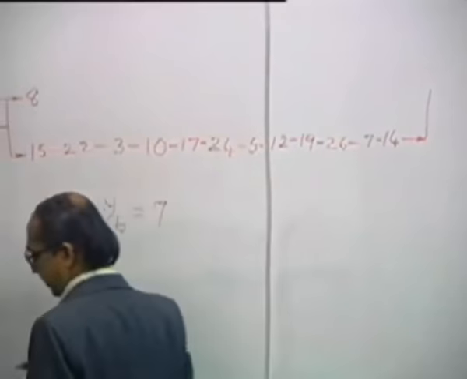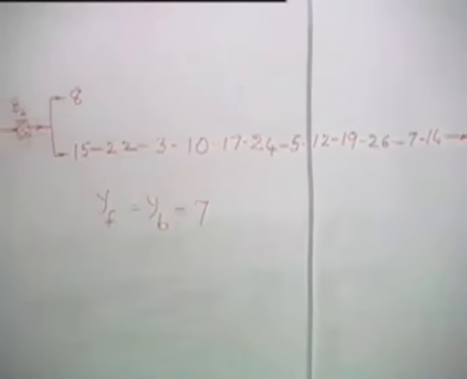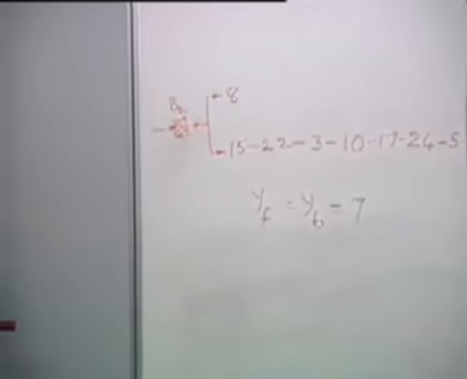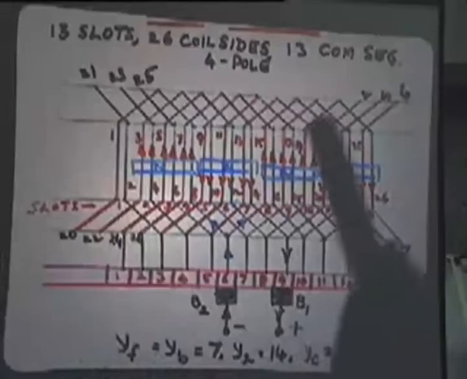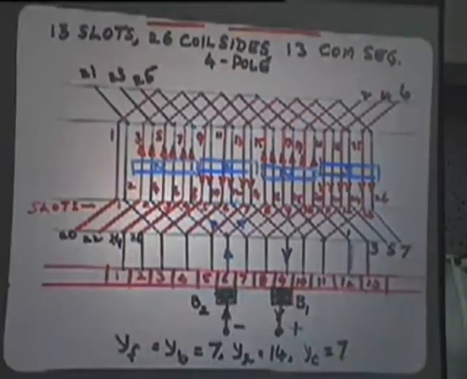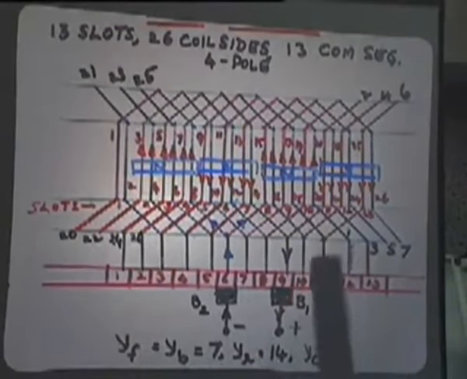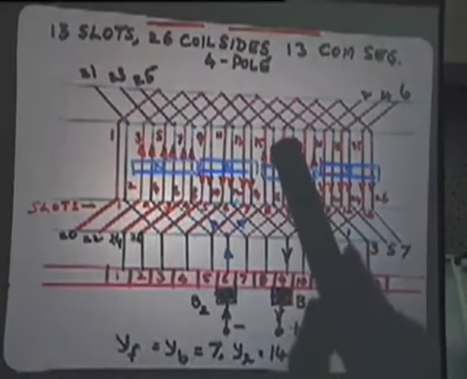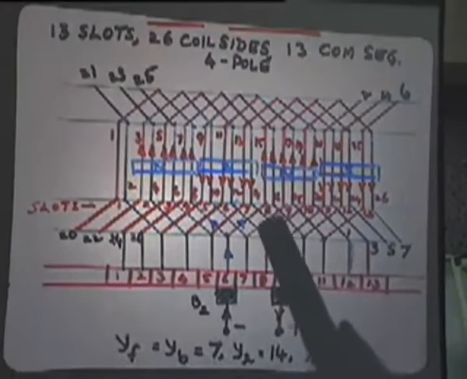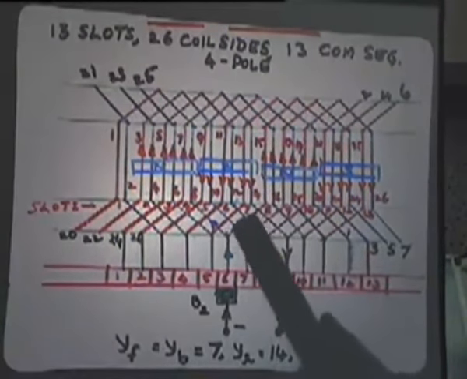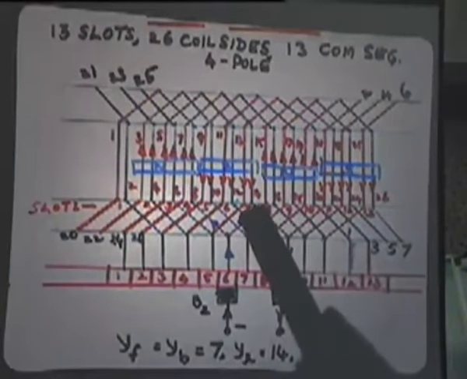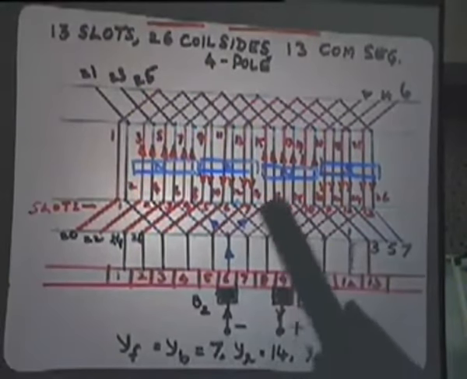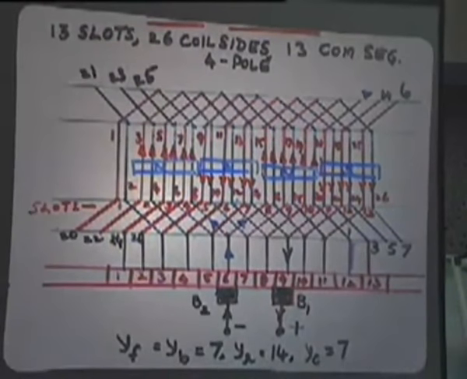So one side starts from 15, and as we have just now seen, it returns through 14 here. So one current path will go through 15 and finally returns through 14. Okay. Now let us trace the same path through the other path.